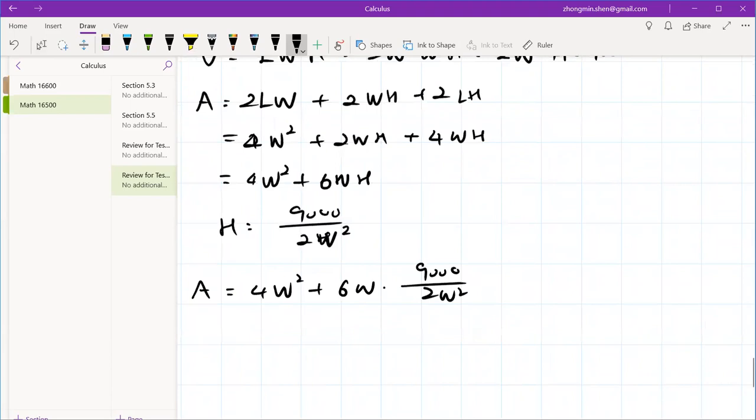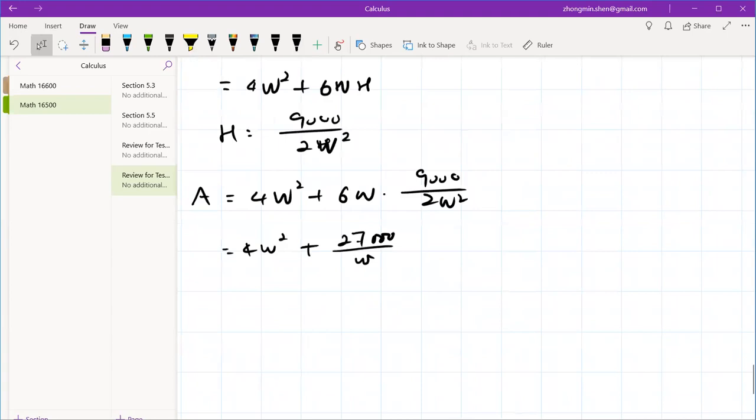Then you simplify. Clearly, this function has an absolute minimum value. The reason is the function goes to infinity on both sides, so somewhere in the middle it has the smallest value.